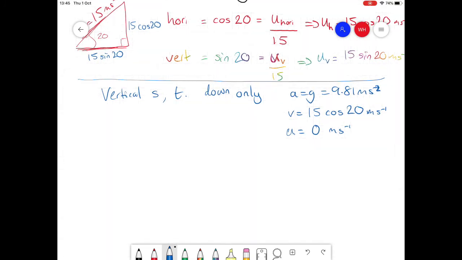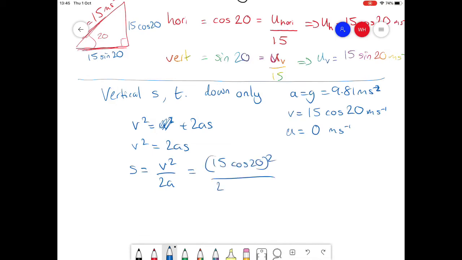So let's do S. Oh no, hang on, not S. Let's do V squared equals U squared plus 2AS to find S. Let's rearrange that. U is 0, so we get rid of that. So V squared equals 2AS. So S equals V squared over 2A, which is 15 cosine 20 squared over 2 times 9.81.